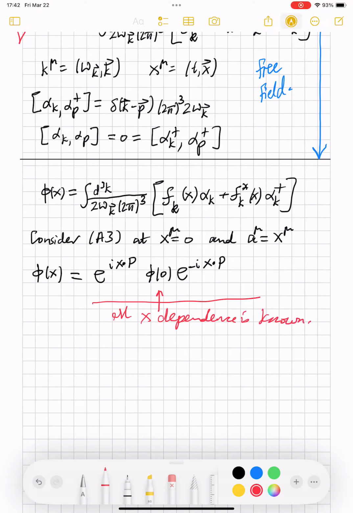I've got x's appearing in the exponents, but I know what function the exponential is, and I've got phi of 0. So on the right-hand side of this equation, all the x dependence is known. On the left-hand side, I've got the functions fk of x and f star k of x. So I'm going to be able to determine what those functions of x are by studying those equations. So I'm going to determine all of the x dependence in my field.